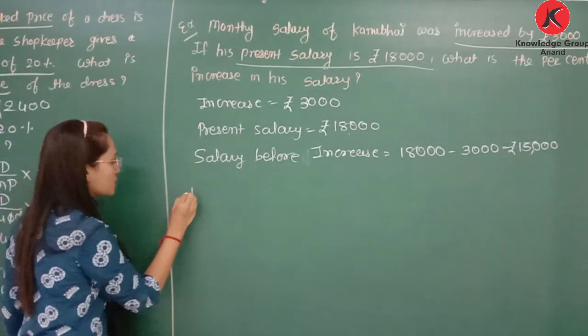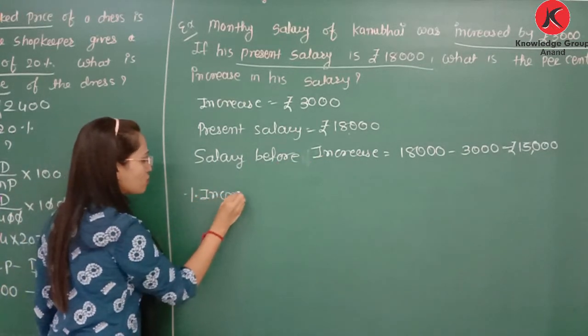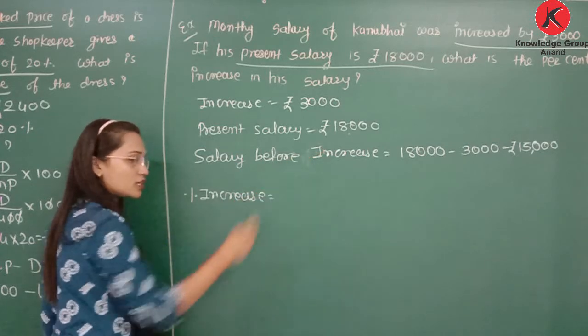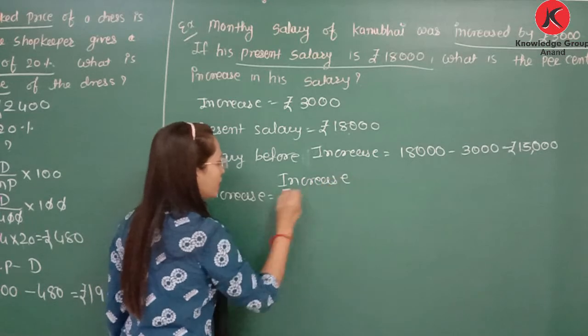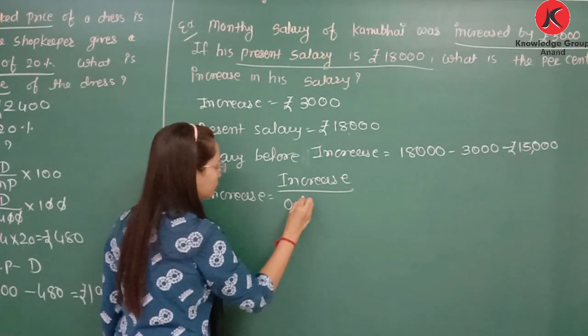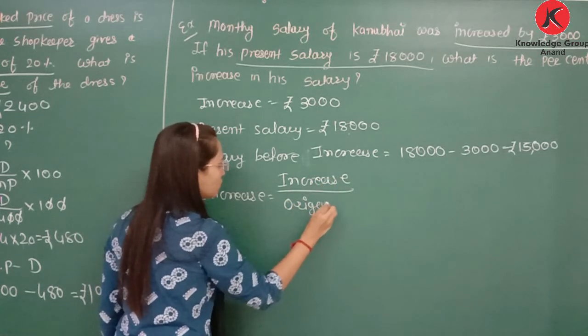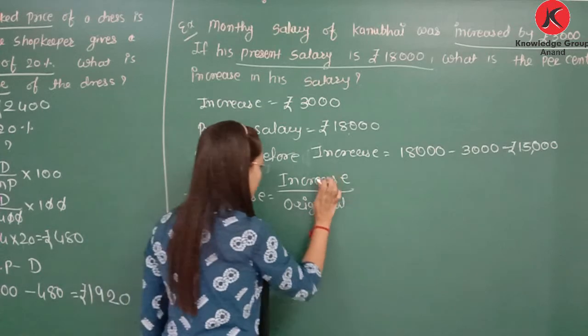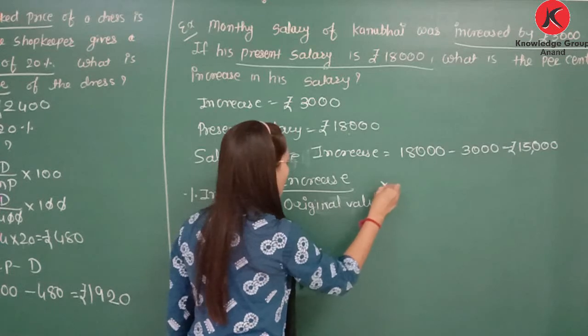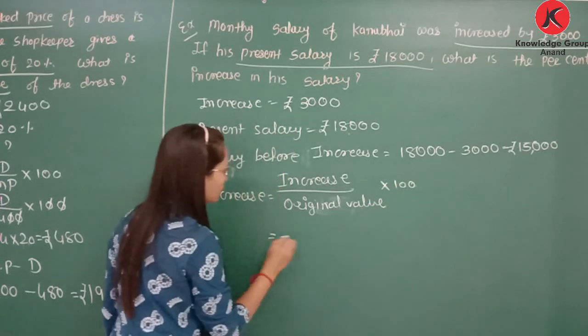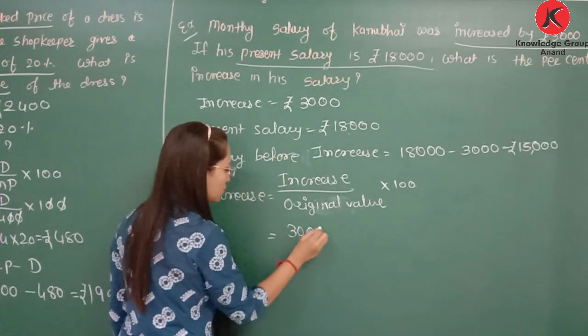So we can find the percentage increase by using the equation. If we have an original value, so increase divided by original value multiply 100. Increase is 3,000.